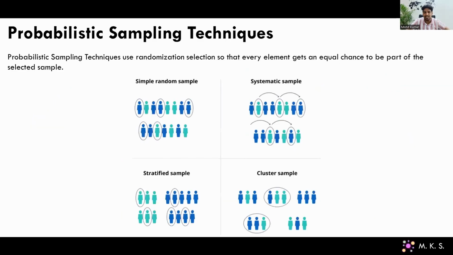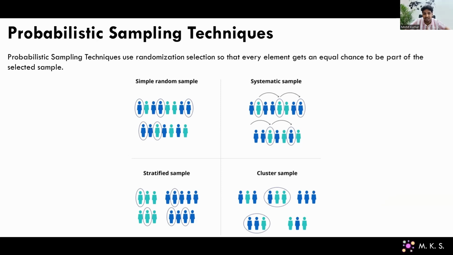In probabilistic sampling techniques, we use randomized selection. So the elements from the population we will pick based on some randomization technique. The purpose of probabilistic sampling is that every element in the population should get an equal chance to be included in the sample.